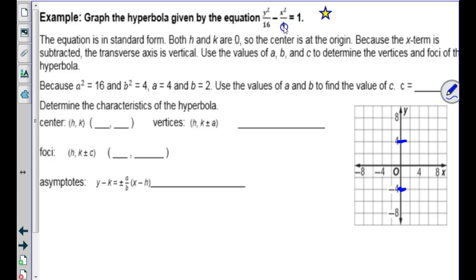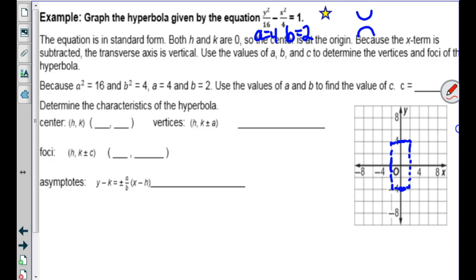It goes side to side across the x, 2, because 4 squared is 2. So we get a little narrow rectangle in here, like this. Any questions about where I got those numbers? So a was 4 and b was 2. And because it had a y squared, it's going to open up and down.